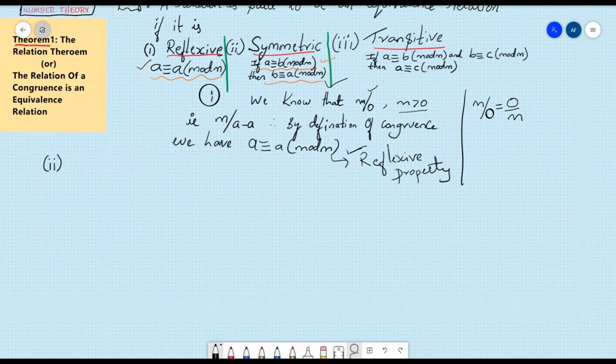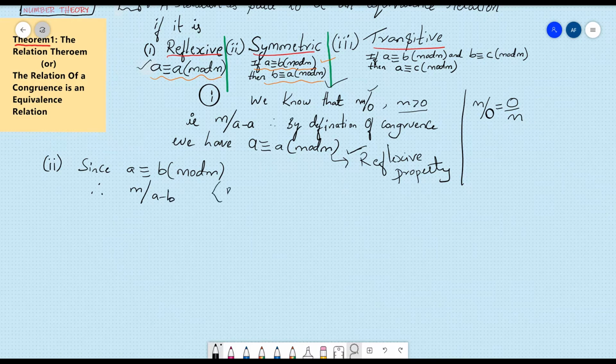Since a is congruent to b mod m, that they have given, we are supposed to prove that b is congruent to a mod m. Therefore, by the definition of congruence, I can write this as m divides a minus b.